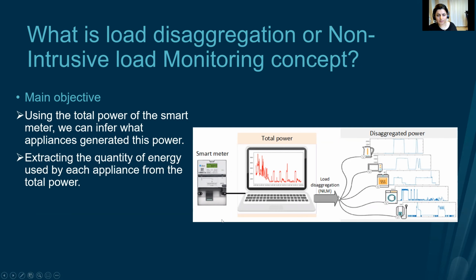As it can be seen from this figure, we have total power from a smart meter and using the load segregation technique, we can say how much energy each appliance used without installing a sensor for each of them separately.